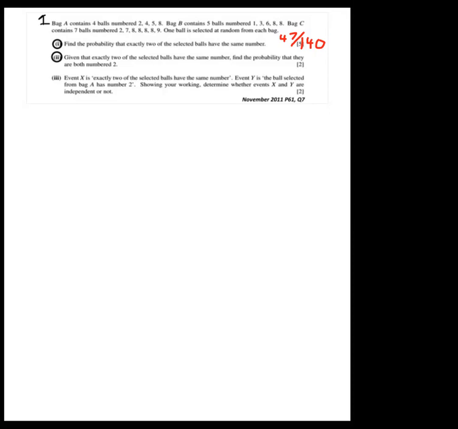The formula that we use is P of A given B, where B is the case that is given and A is the case that you have to find, is equal to P of A intersection B upon P of B.